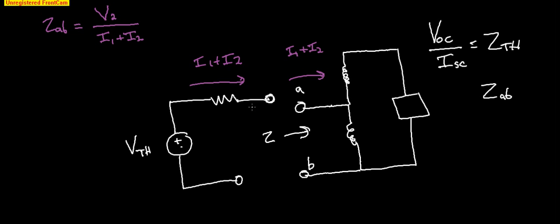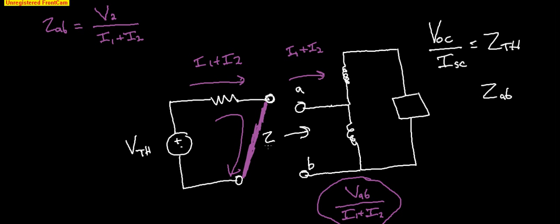If we were to do the short circuit test and short this down to there, it's pretty easy to see that I1 plus I2 would be flowing down this way. So VOC is just VAB divided by I short circuit, which would be I1 plus I2. That's where this comes from.